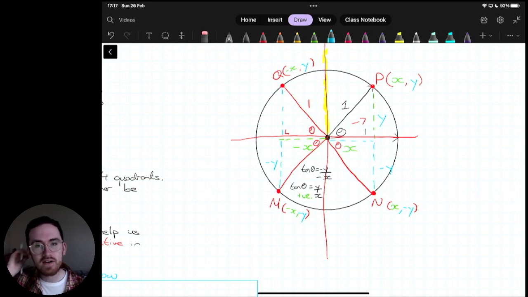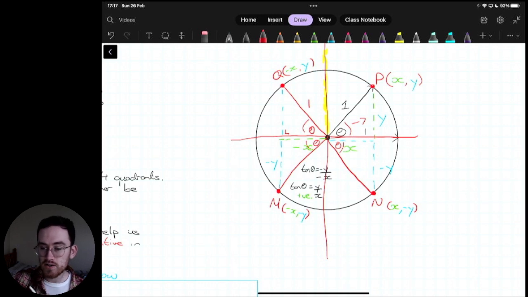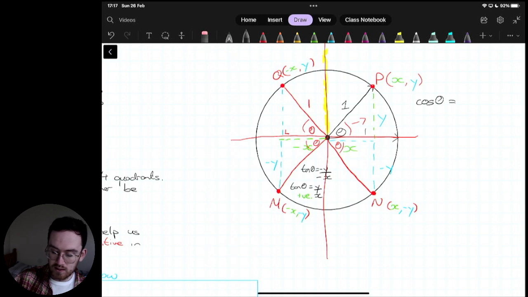And they're all mirror images of P. So what we have is that the angle here in the center that I've drawn in each time is the angle theta. So for each of these points, that angle theta to the horizontal axis is exactly the same. If we were to pick one of our ratios, say we pick cosine, for P, cos theta is equal to x. For this point Q, cos theta is equal to minus x. For M, cos theta is minus x.